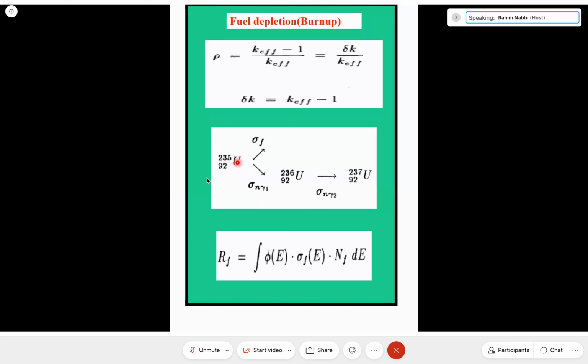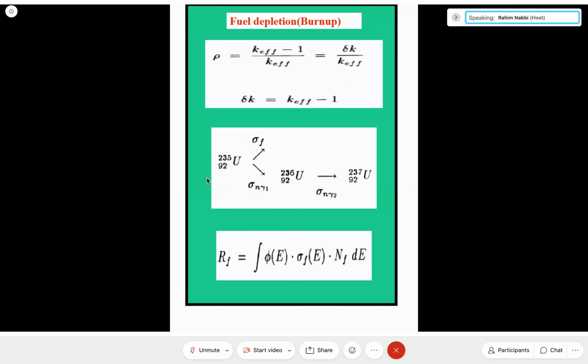One is the fission way and the other one is the N-gamma way. That means the compound nucleus emits gamma and goes probably to a stable condition. So these two ways are completely different.